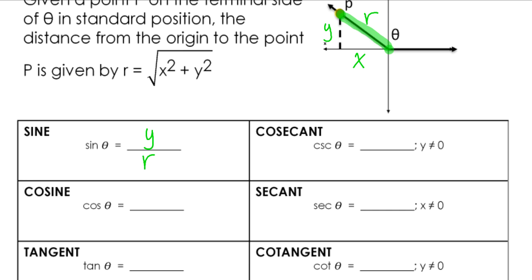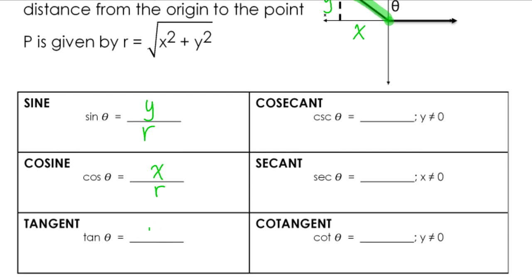Cosine is adjacent over hypotenuse, so that would be x over r. And tangent is opposite over adjacent, so that would be y over x. And then remember, cosecant, secant, and cotangent are our reciprocal functions, so each one is flipped. Cotangent would be x over y.